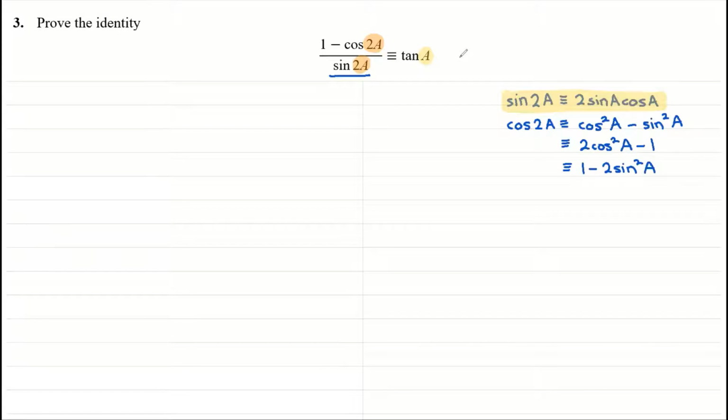So if we start with the left-hand side, all right, so the left-hand side is going to be, well, we'll keep the 1 subtract cos 2a first in the numerator. Okay, but what I'm going to do, I'm going to swap out the denominator. So this is now going to be 2 sine a cos a, and at least I'm down to singular a's now.